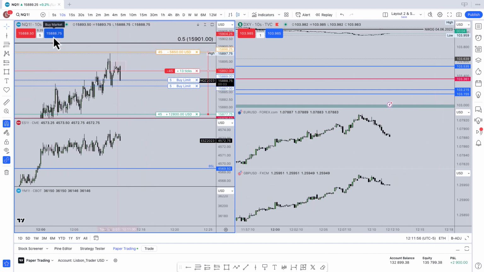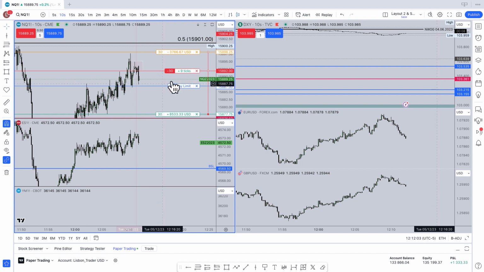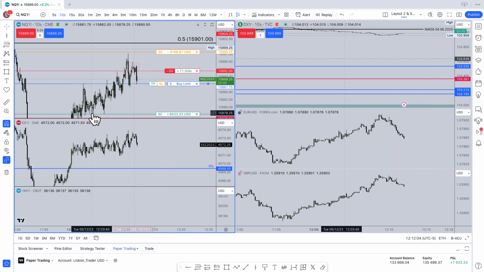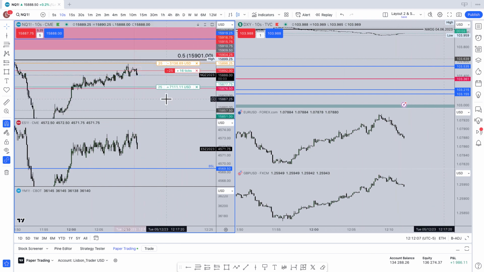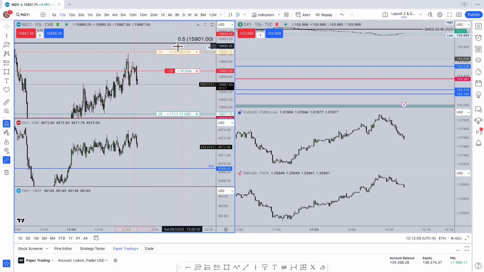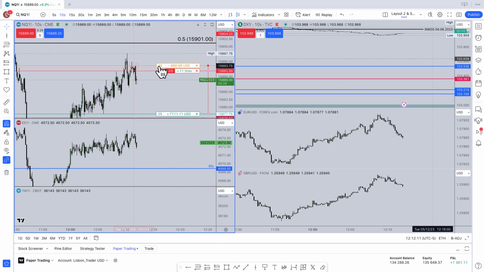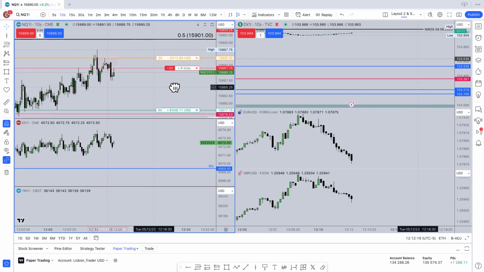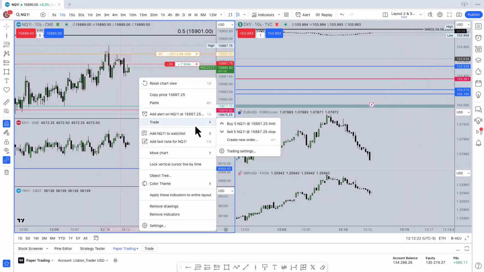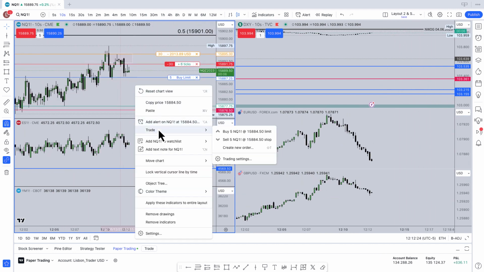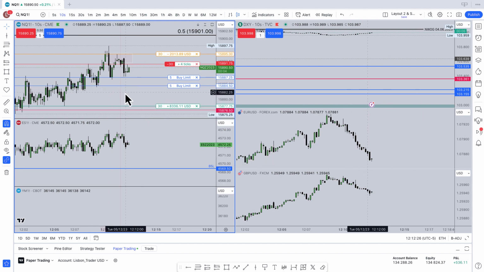Okay. Nice. There's the fair value gap. So immediate rebalance. Let's get it somewhere here and here and here.